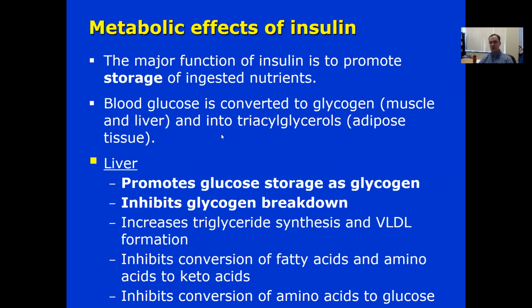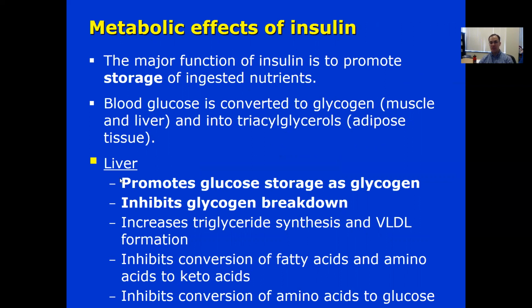So think of it as a storage of nutrients. At the same time, the second important aspect of insulin is to prevent breakdown of nutrients. So there's two things to understand with insulin. It increases storage of nutrients and it prevents the breakdown of nutrients.